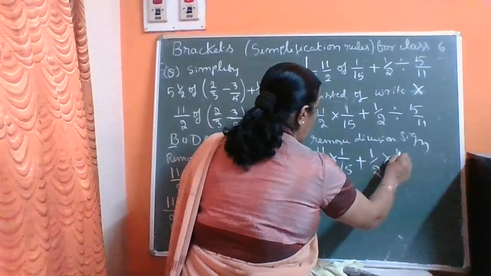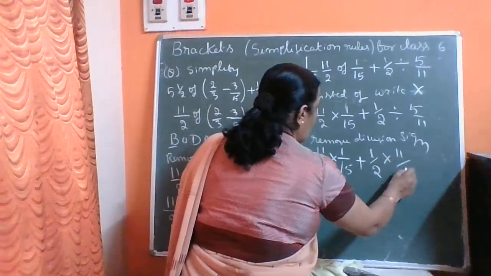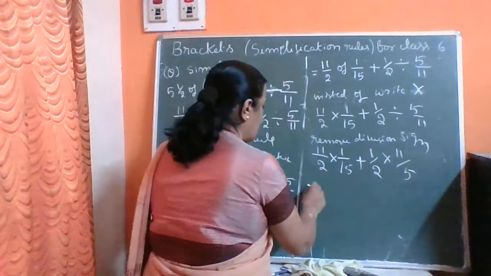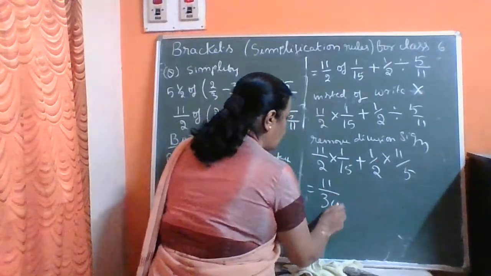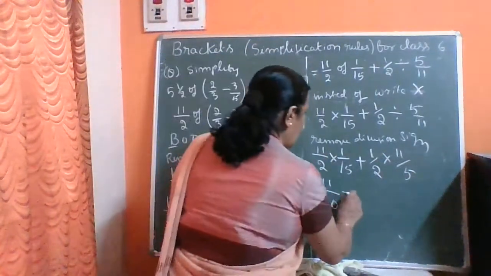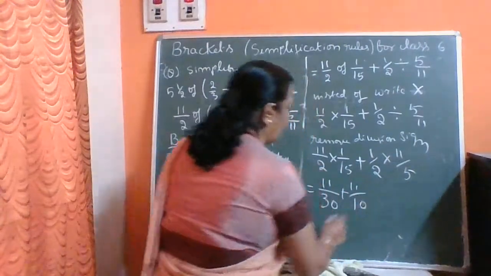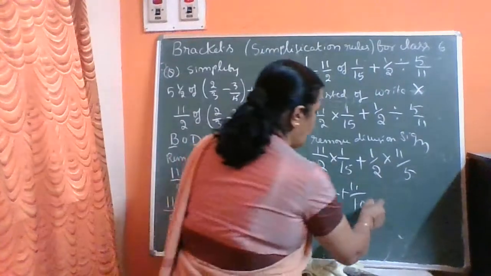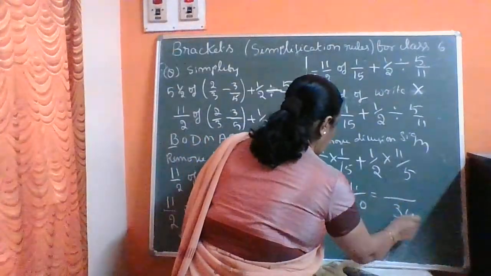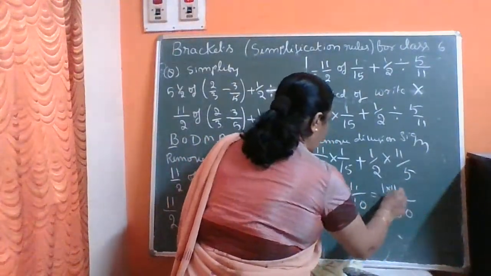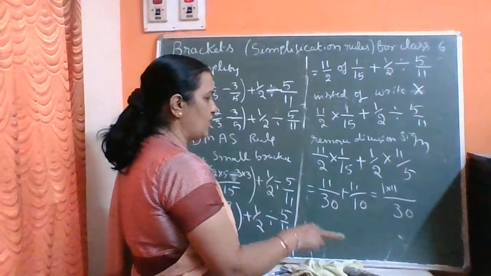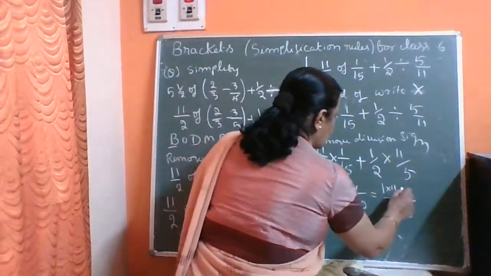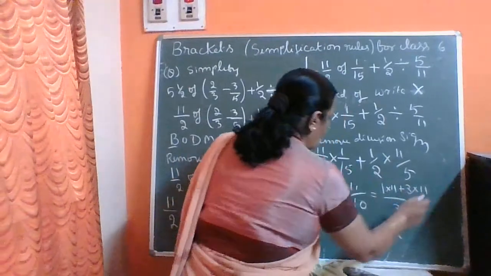Now here 11 by 5, that is 11, 15 2s are 30, here it is 11 by 10. LCM of 30 and 10 is 30, and then it is 1 into 11, that is 30 1s are 30, and here it is 10 3s are 30, it is 3 into 11.